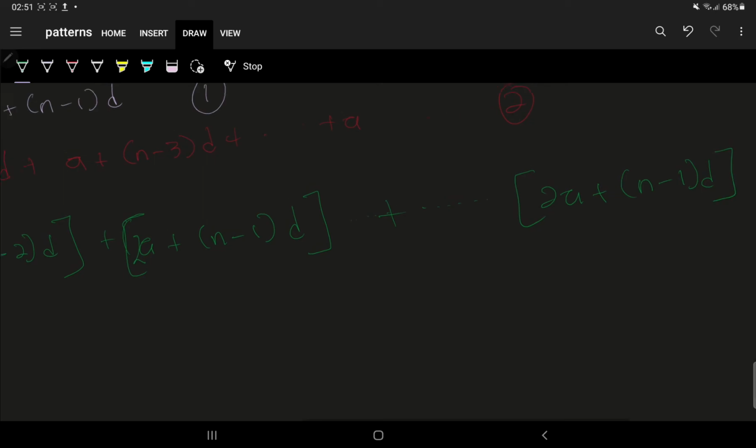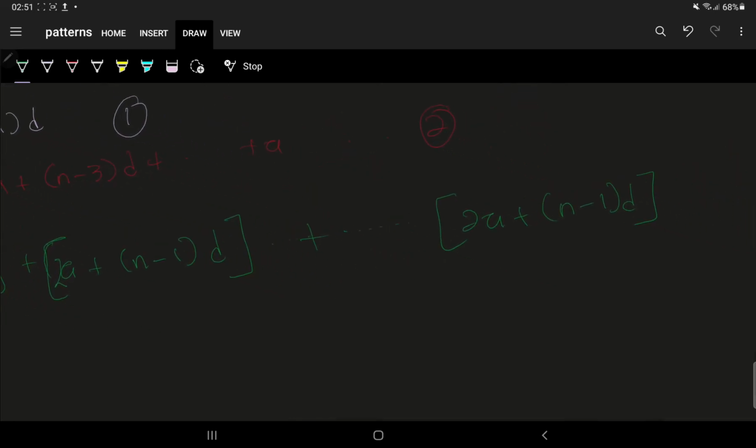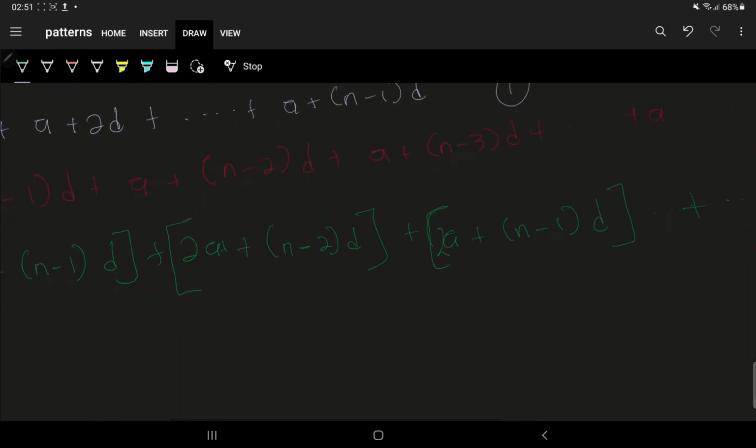So if you just add all the terms, you will see it's going to be like this.